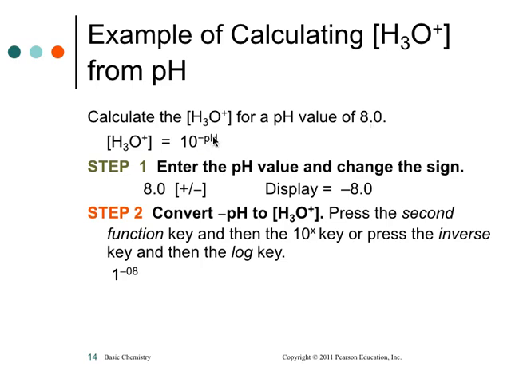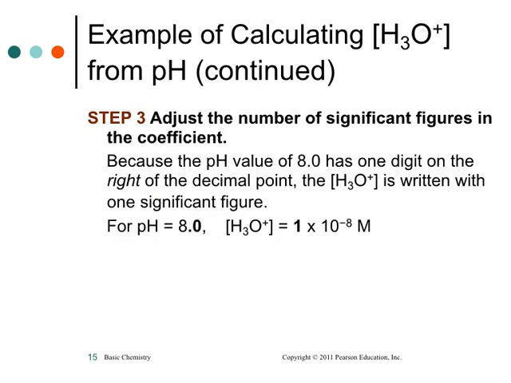You're looking for the exponent, so the exponent is the 8. All right? I need you here. I could teach you if I just had you right here with a blackboard. So adjust the number of significant figures in the coefficient. If it's 8.0, then that's showing you that it's 1 times 10 to the negative 8. If it's 8.00, then it's 1.0 times 10 to the negative 8. Essentially you're doing it backwards when you're going the other way.